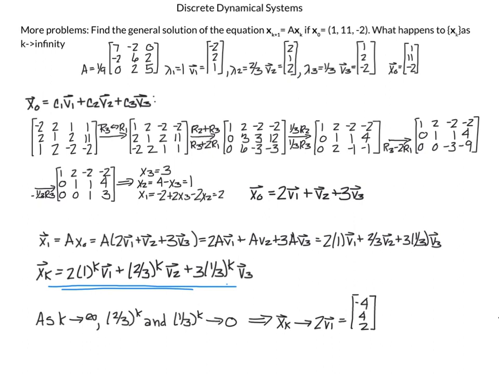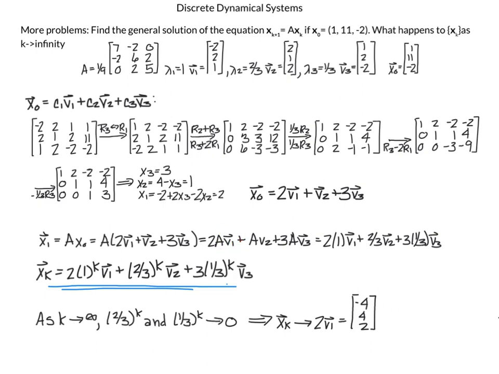Then x1 will be equal to A times x0, and I plug in my x0, 2v1 plus v2 plus 3v3, and then I pull out my scalars. So I pull out my 2, and I have Av1, I have my 1 times Av2 and my 3 times Av3.